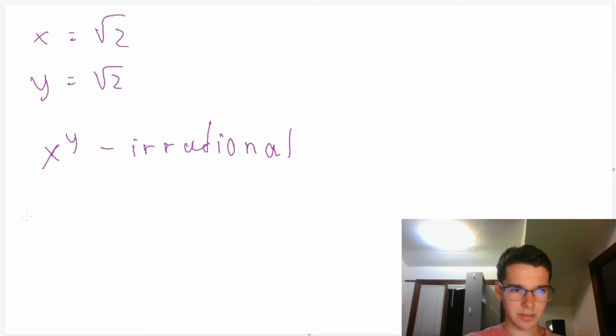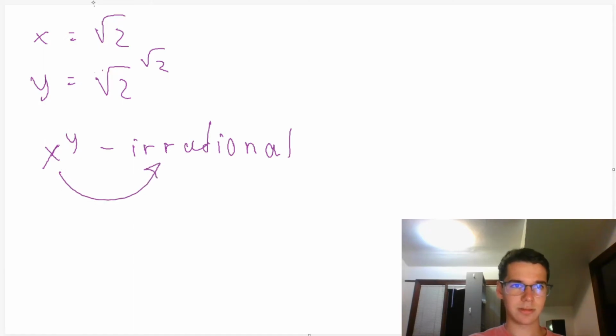Well, x to the y in this case is root 2 to the root 2, right? So if we're assuming that this number is irrational, why don't we set y to that number? Set it equal to root 2 to the root 2. And we're going to put it into this and see if this still holds.